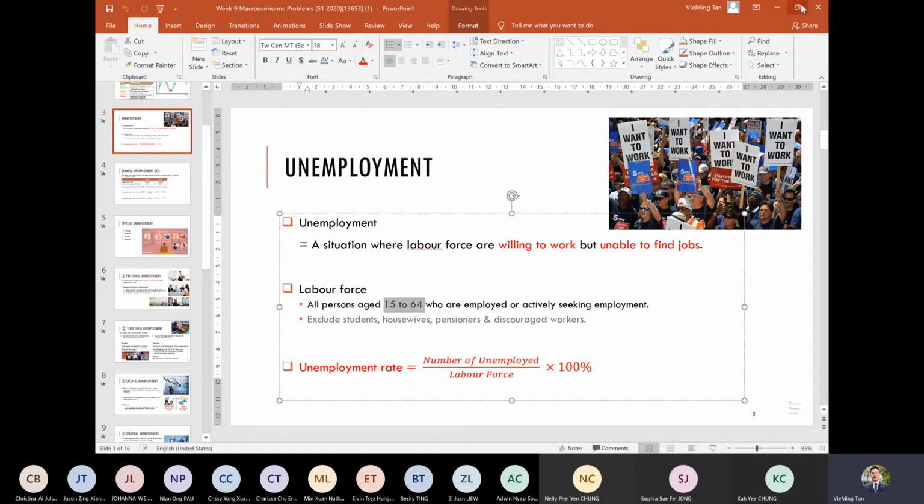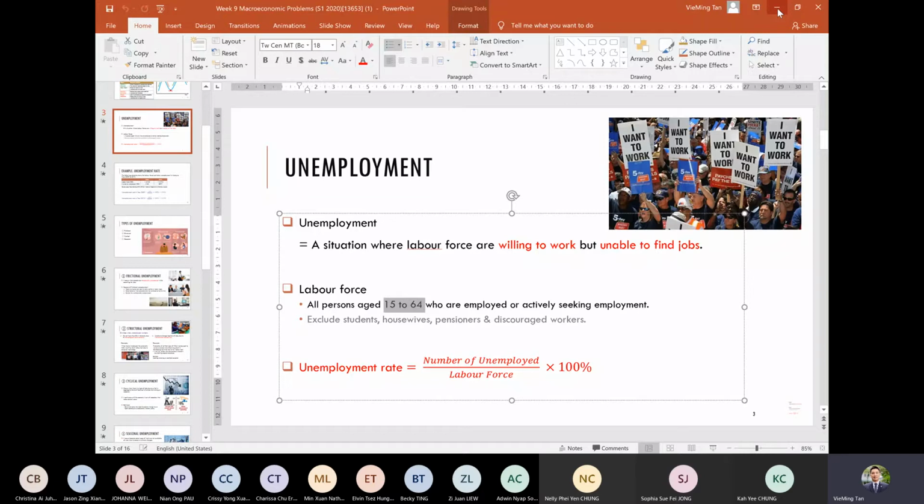Okay, so let's go back again to the question. Actually, those who are working refer to those who are employed. These are employed people, already employed, but not including the unemployed people.